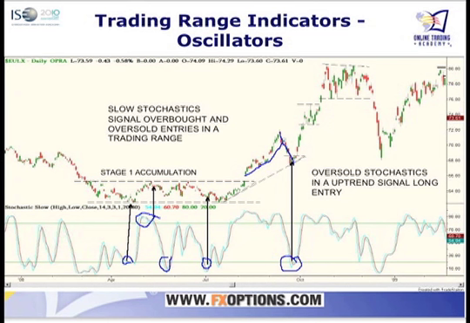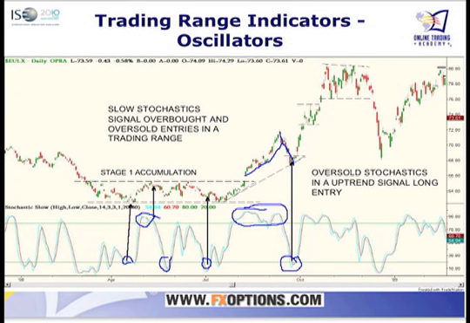But what you need to do is, in an uptrend, ignore these overbought signals. They won't help you. And in a downtrend, you've got to get used to ignoring oversold signals. So you need to know which stage of the market you're in to make this a useful tool.